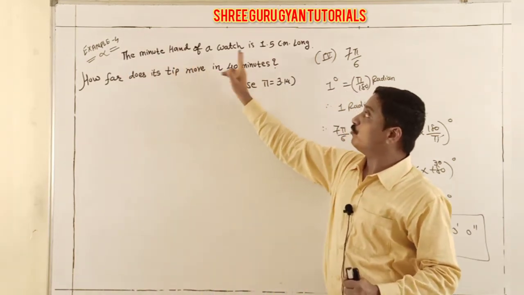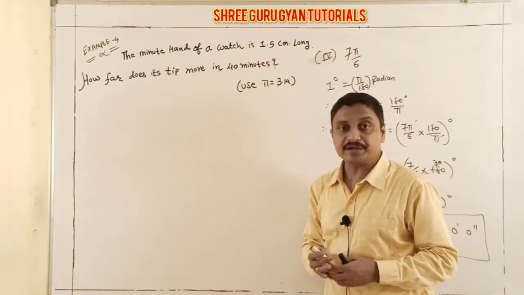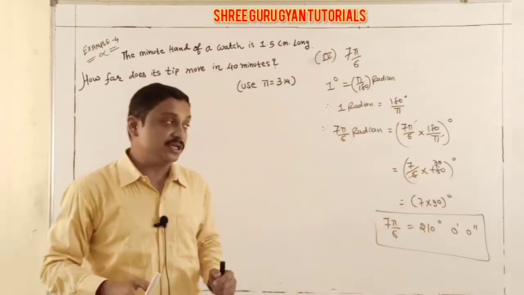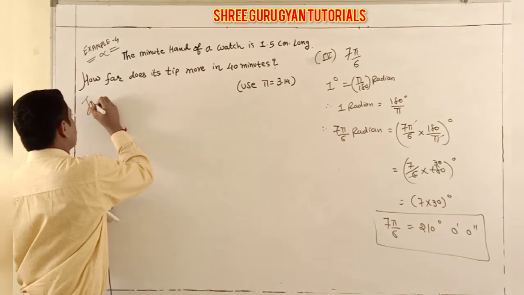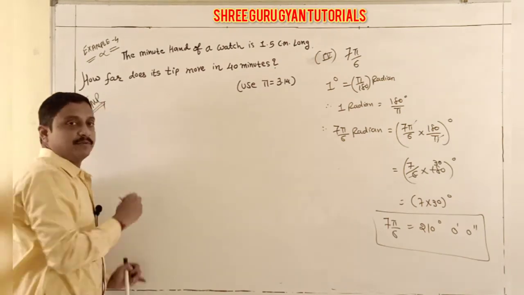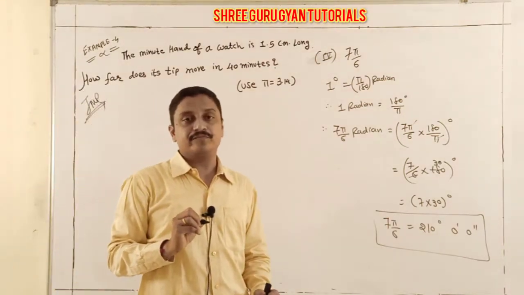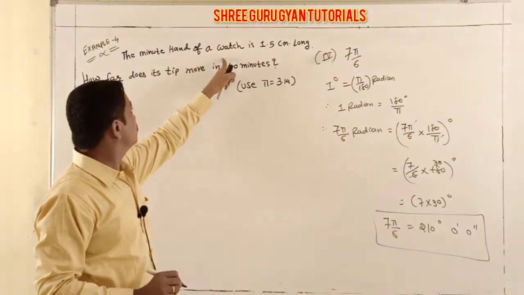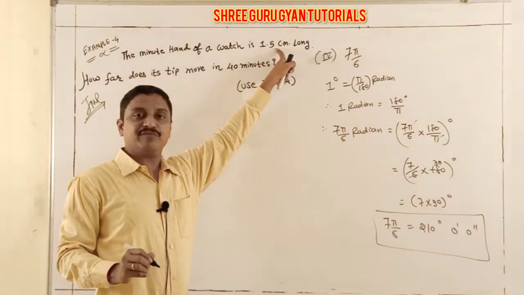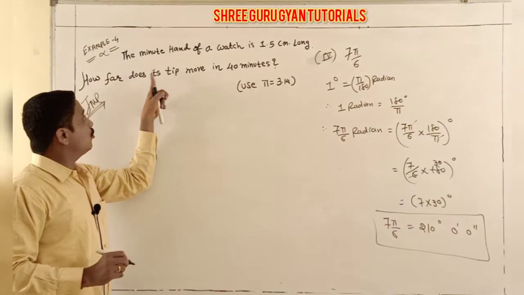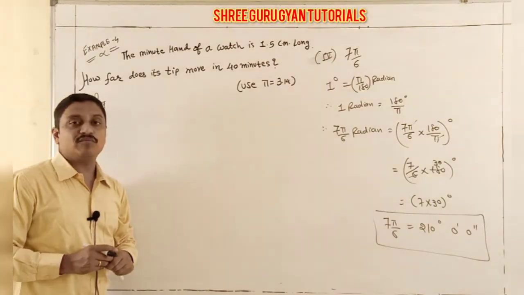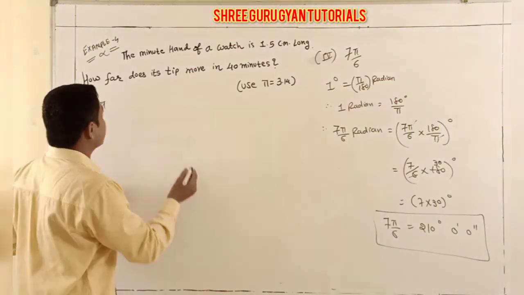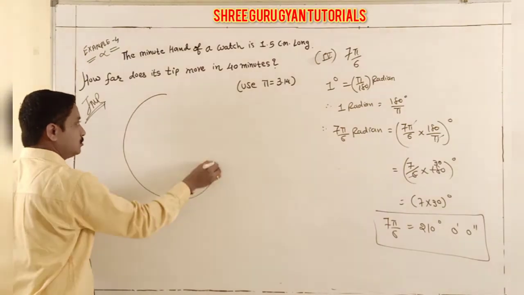The minute hand of a watch is 1.5 cm. Students, this is an important question, that's why I explain it at the end of this part. In a minute hand, the length is given as 1.5 cm. How far does it move in 40 minutes? So consider this is your clock.